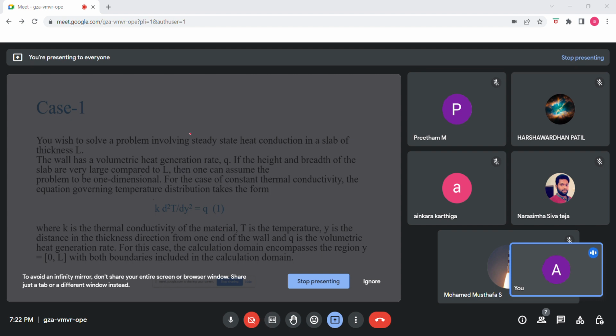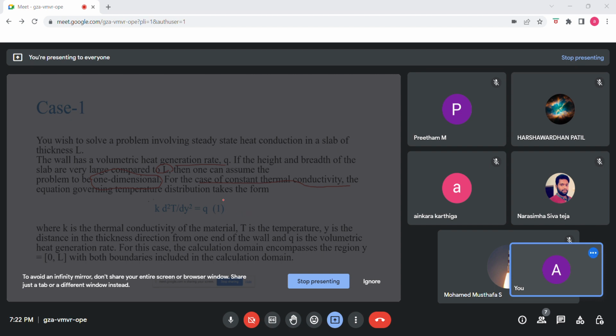What are the points that can be observed from this? The wall has a volumetric heat generation rate Q, and the height and breadth of the slab are very large compared to L. So the problem is assumed to be one dimensional. For this case, the thermal conductivity is assumed to be constant.